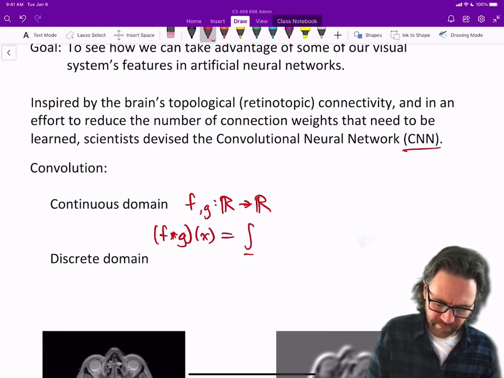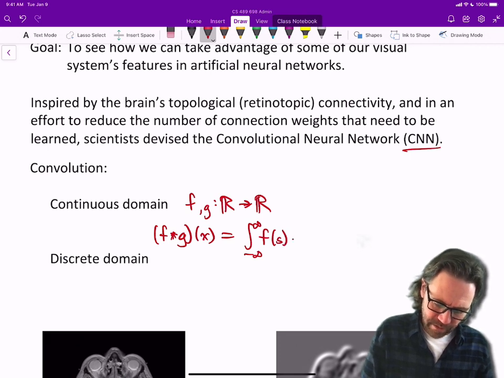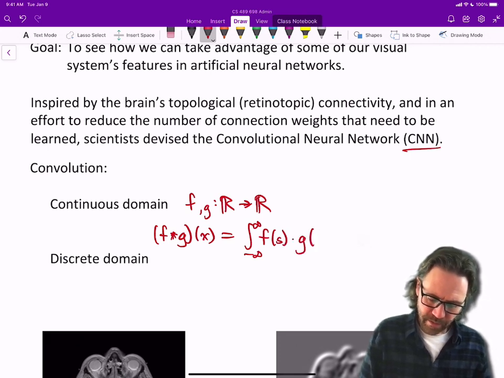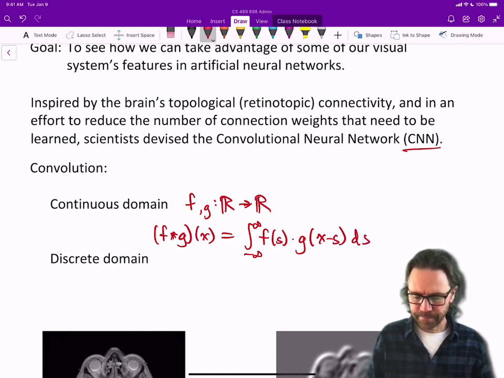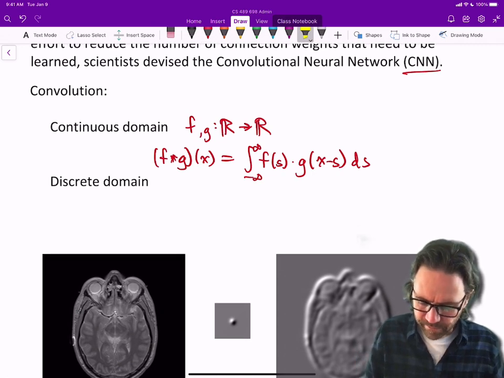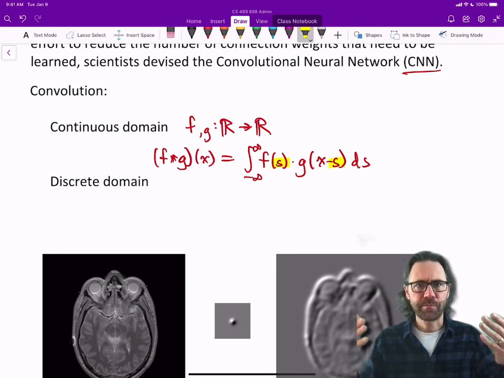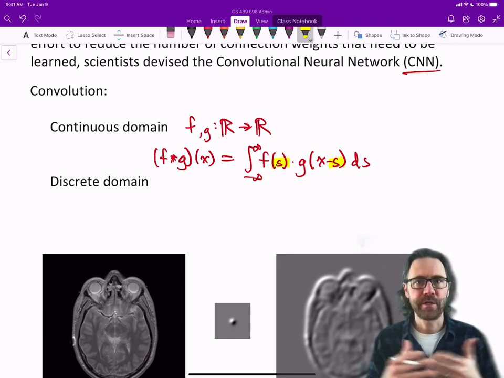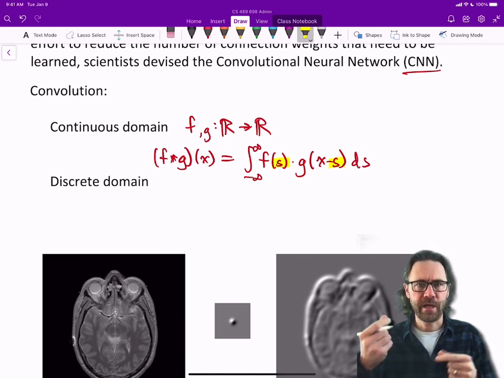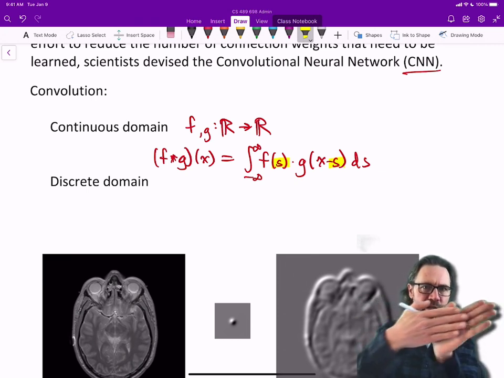It's an integral from negative infinity to infinity of f of s times g of x minus s ds. So notice that here we have the s is positive here, but it's negative here. So convolution, basically, it's an integral of a product between two functions, and you basically take one function and you reverse it. You shift it and reverse it, and then you take the inner product.